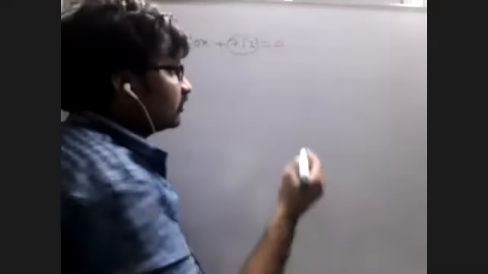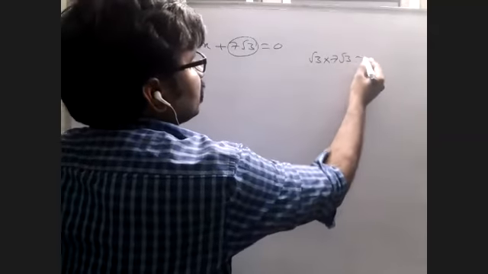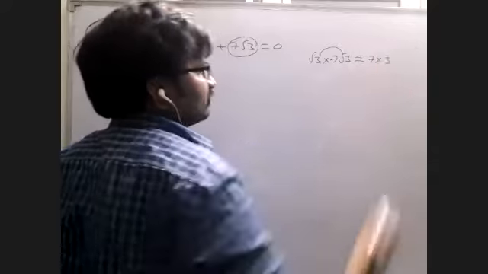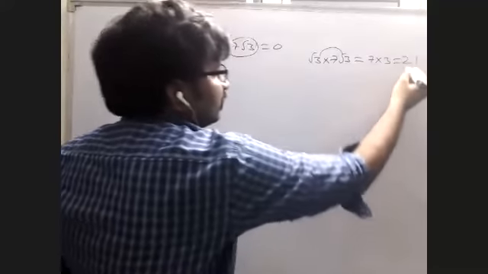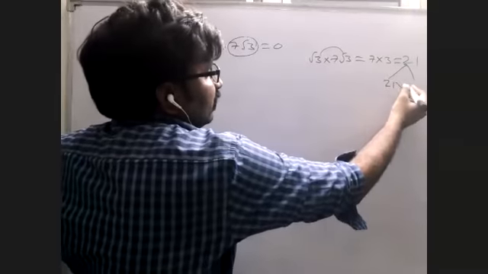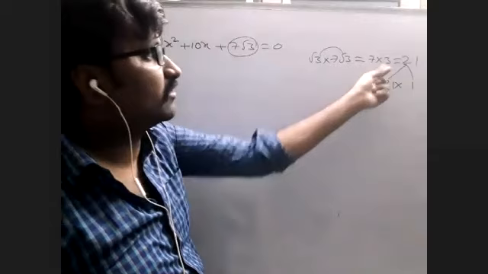All questions we are doing that only. Root 3 into 7 root 3 is equal to 7 into root 3 into root 3, 3. 7 3s are 21. And what are the 21 factors? One is 7 and 3, and one is 21 and 1. But it is enough 7 and 3. Why? Because 7 plus 3 is 10.